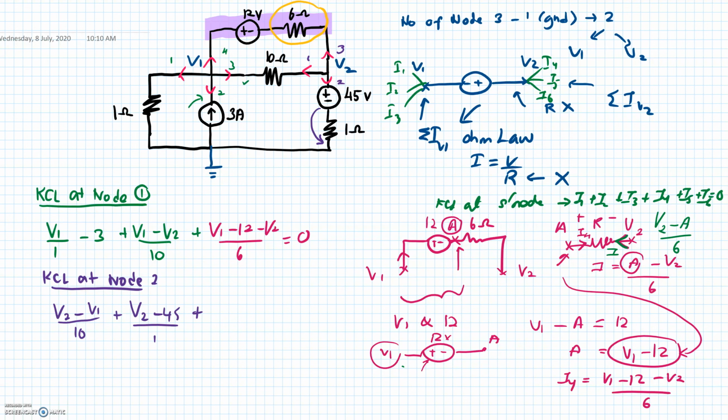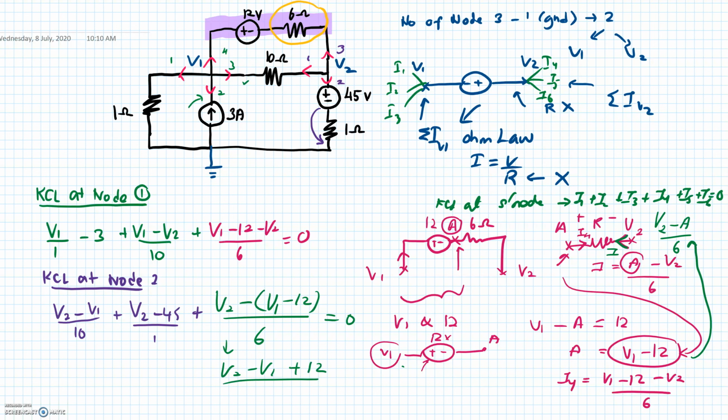So I need to substitute A into this equation. So which is V2 minus, so A is V1 minus 12, over 6 is equal to 0. So this will become V2 minus V1 plus 12 over 6.